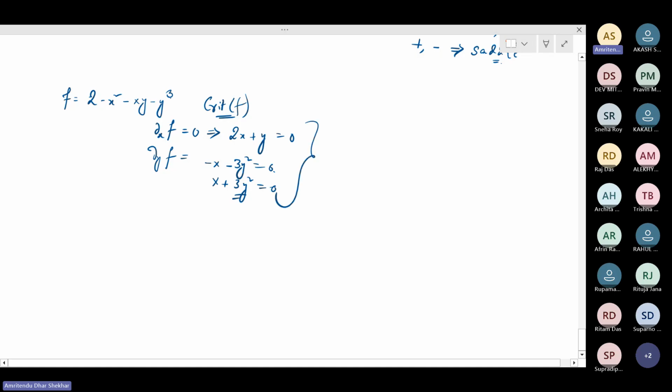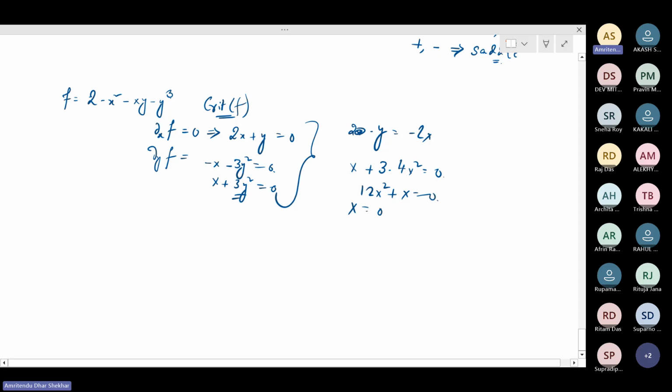Okay, so quickly, let's try to compute a solution. You have y is equal to minus 2x. You plug this in, so you have x plus 3 times 4x squared is equal to 0. This is 12x squared plus x is equal to 0.